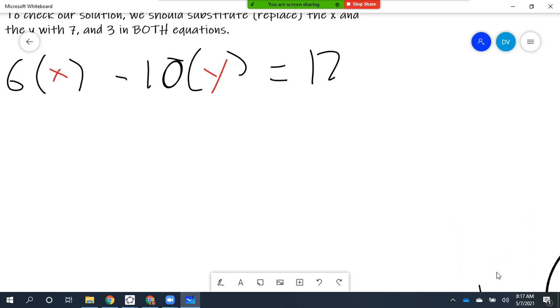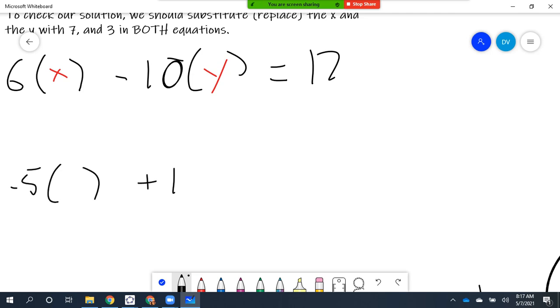All right, so what did I say? Negative 5x, right? Negative 5x plus 10y. Was it equal to negative 5 or 5? Anybody remember? I'm going to double check here. I think it was negative 5.